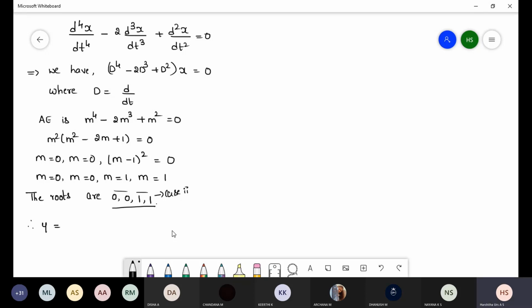Therefore, y is equal to (c1 + c2x) e^(0x) + (c3 + c4x) e^(1·x). This is the general solution.